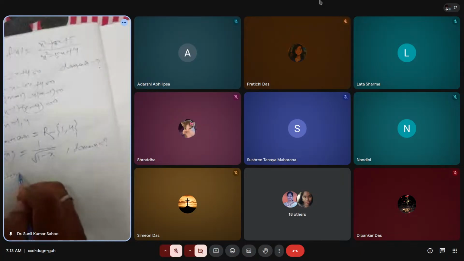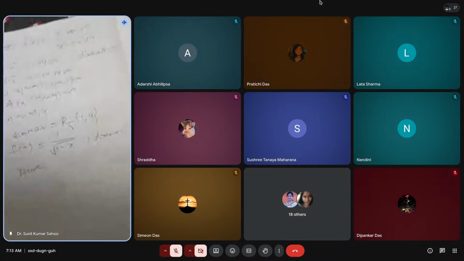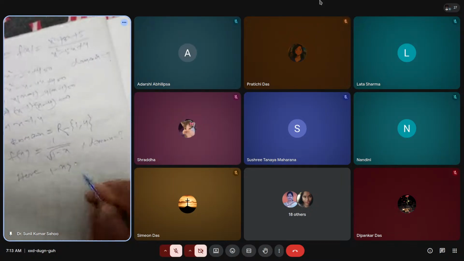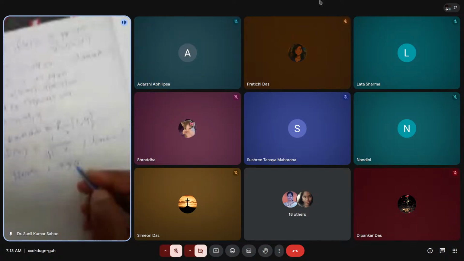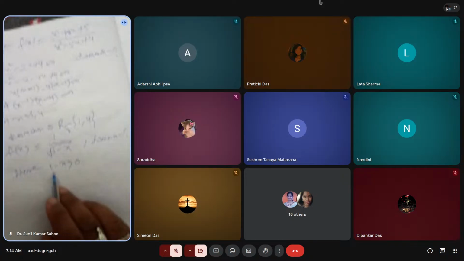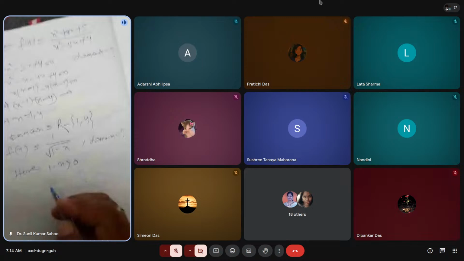Here 1 minus x greater than 0. Okay. If you add here greater than equal to, then denominator will be 0. Function does not exist. Okay. So 1 minus x only greater than 0.